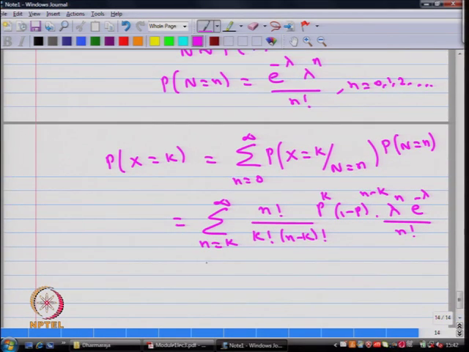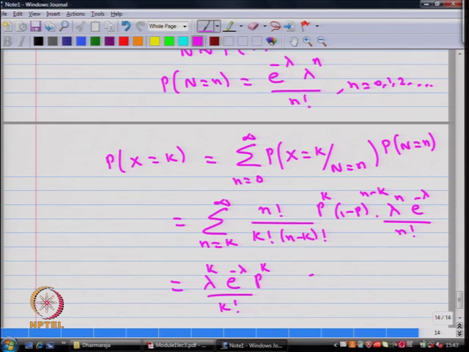So, no need of n equal to 0 to k minus 1, because the capital N takes a value small n, therefore, the running index is from k to infinity. That is same as, you can take some terms outside, that is lambda power k e power minus lambda p power k divided by k factorial.